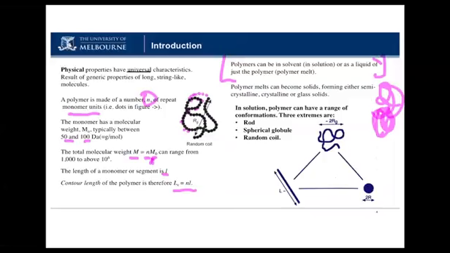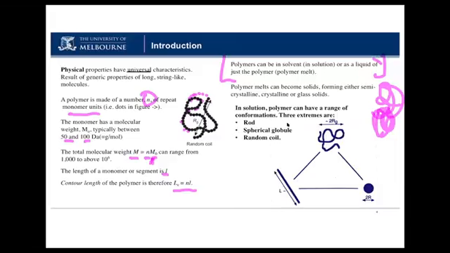When polymers are in solution, because of their degrees of freedom, how they behave depends on how happy they are. When I say happy or sad, I'm not talking about the mood of a polymer. It doesn't go out and party and go, woohoo, I'm a free coil, I can be random. It's really how the polymer interacts with the solvent.